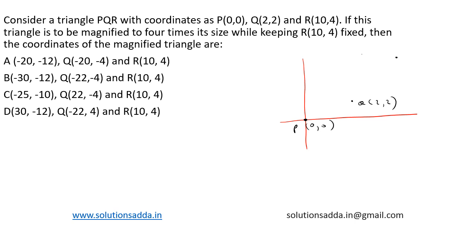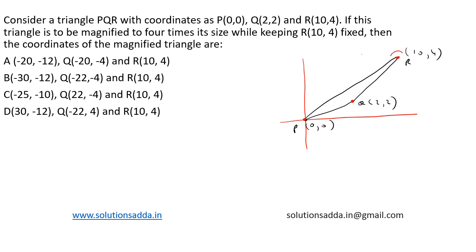This is point R. This is (10,4). So the triangle will be like this. This is the basic triangle. So P, Q and R.